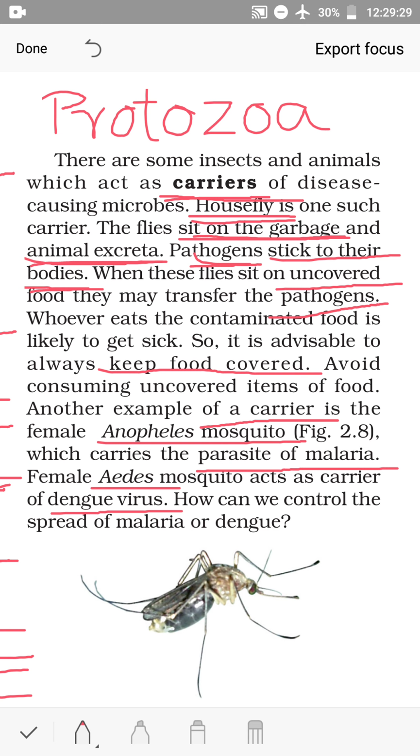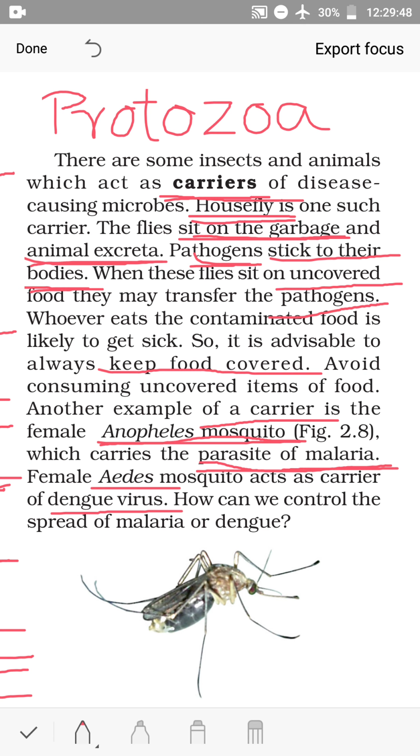Another example of a carrier is the female Anopheles mosquito, which carries the parasite of malaria. Malaria is a disease which is transmitted through mosquito bite. Remember, through mosquito bite.